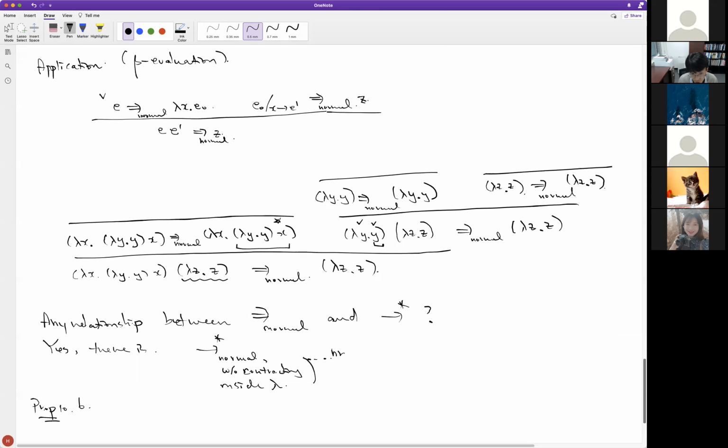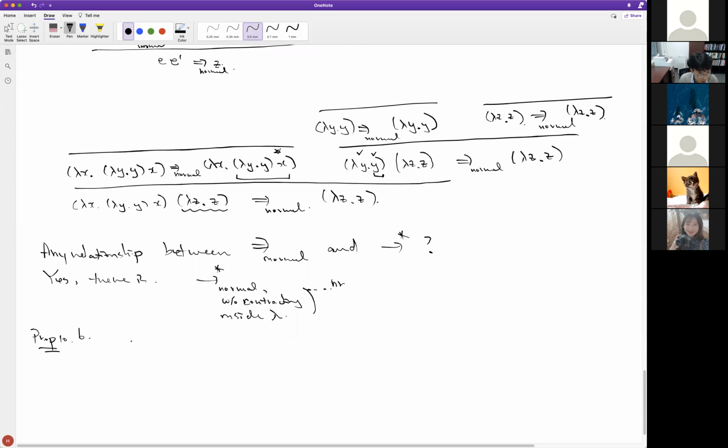The proposition in the textbook tells us that for any expression E, we can go from expression E to some canonical expression Z by normal order but restricted, NR, if and only if we can go to Z by normal order. So they are talking about the same thing.